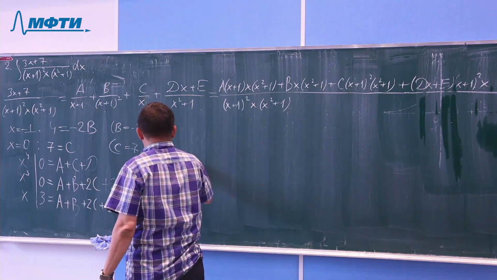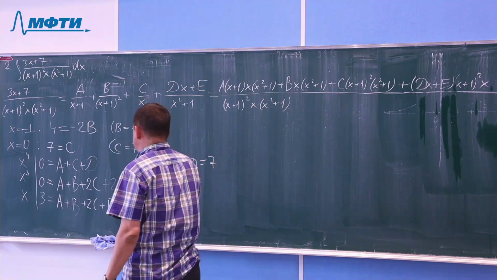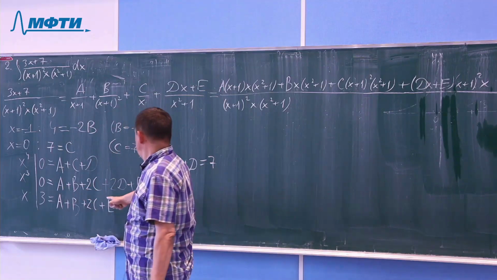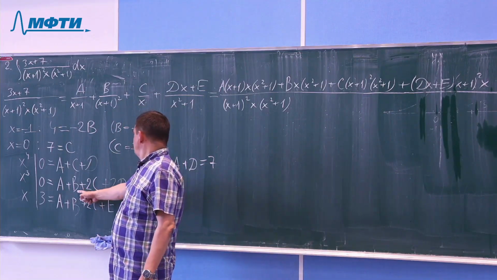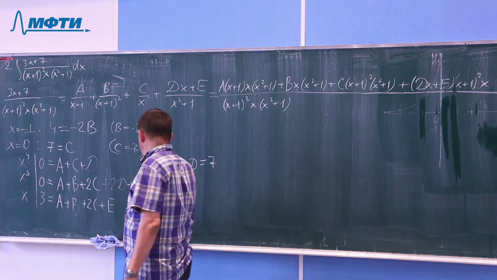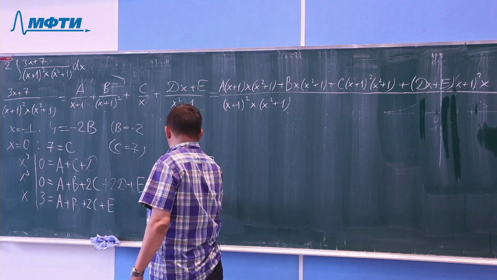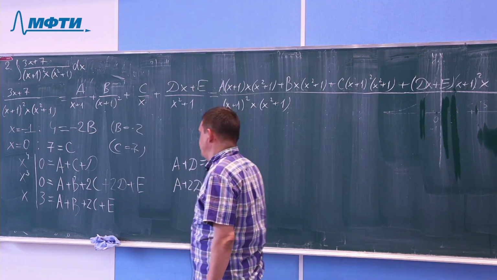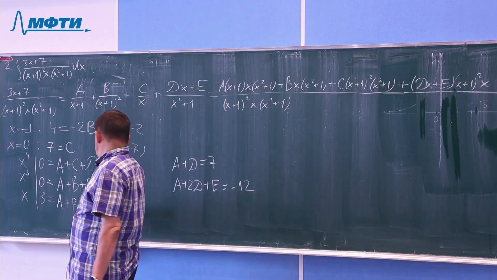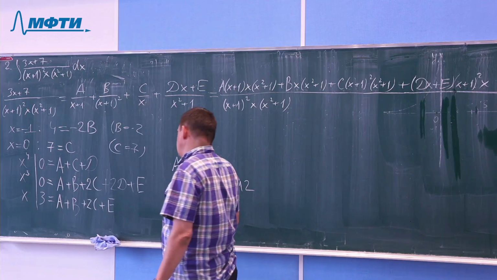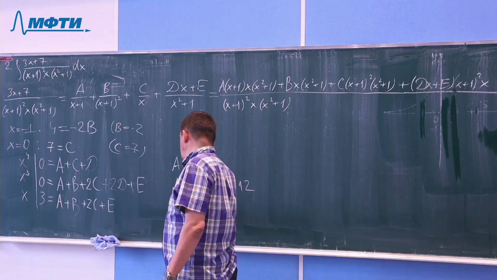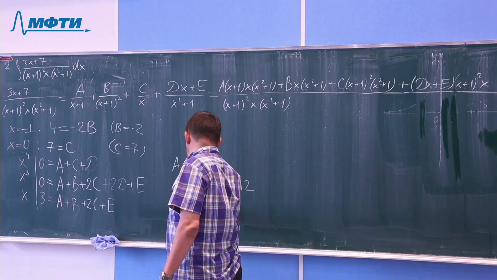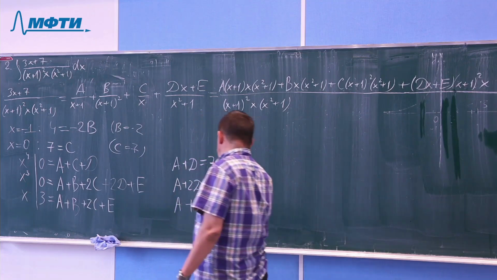a plus d equals 7. Here we have 14 minus 2, 12. a plus 2d plus e equals minus 12. Once again the same, so minus 12 plus 3, minus 9. a plus e equals minus 9.